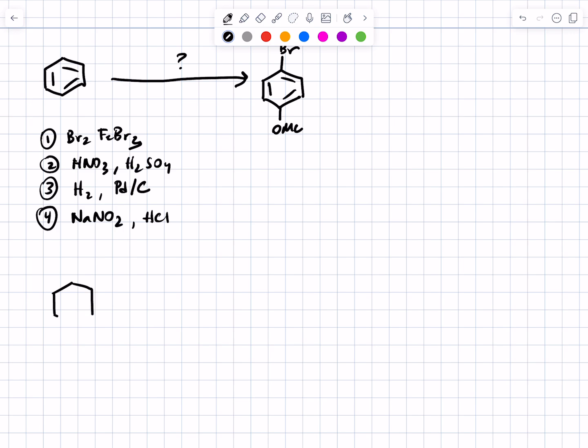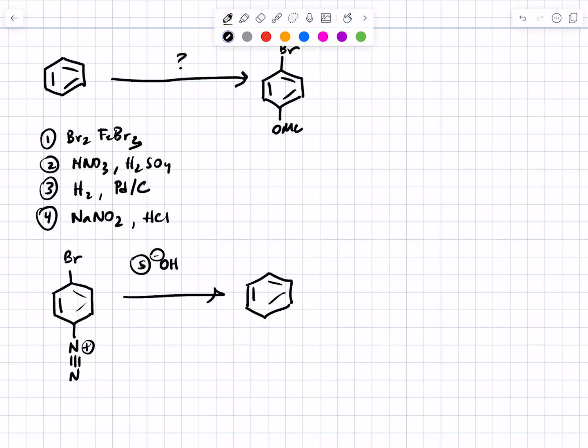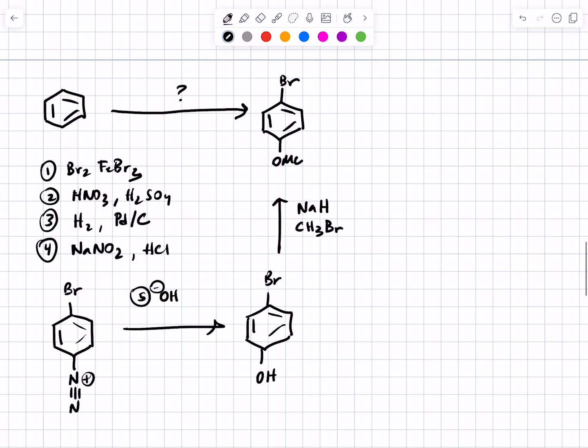That would get us here. Then we could add hydroxide to get the phenol. At least this is how your text does it. And then we could add a base like sodium hydride that would deprotonate the phenol, and then we could add methyl bromide to get that molecule.